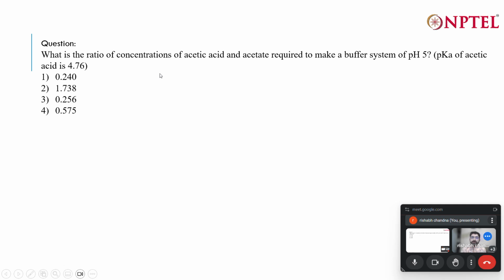What is the ratio of concentrations of acetic acid and acetate required to make a buffer system of pH 5 when you are given the pKa value of acetic acid, that is 4.76?